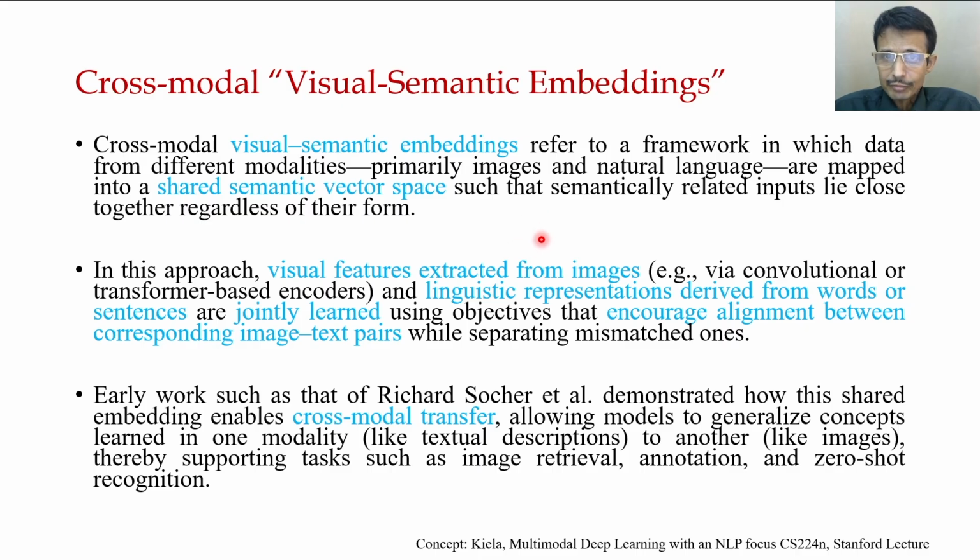But if there is an image of a kite and the sentence this is a dinosaur, these two are not going to lie very close. So it is jointly learned such that the objective encourages alignment between corresponding image-text pairs while separating the mismatched ones.